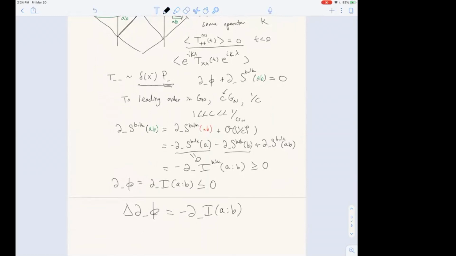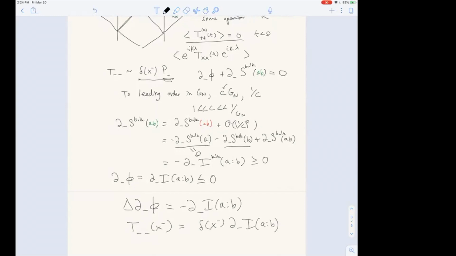And you can find an equation like this by integrating the equation of motion for the dilaton, if you have a stress tensor shock, T minus minus of X minus is equal to delta of X minus times D minus I of AB. Okay? And note that this is a negative quantity, so this is a negative energy pulse that you need.